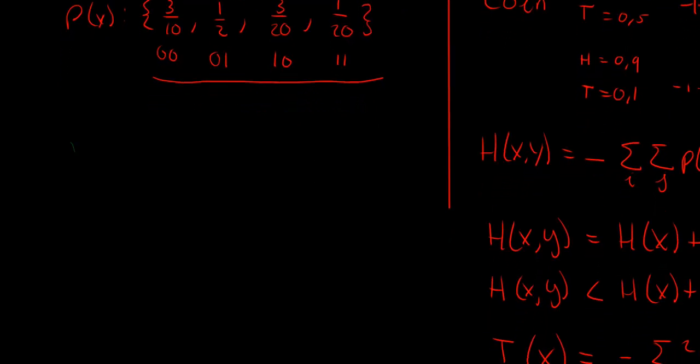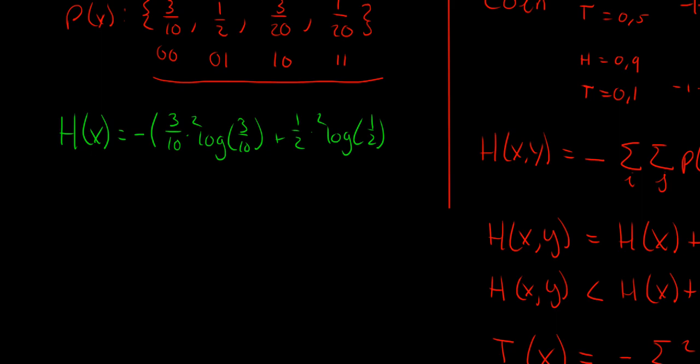Calculating the entropy of this probability space, we would get minus, let's just put the minus in front of it, 3 over 10 times log base 2 of 3 over 10, plus a half times log base 2 of a half, plus 3 over 20 times log base 2 of 3 over 20, plus 1 over 20 times log base 2 of 1 over 20.